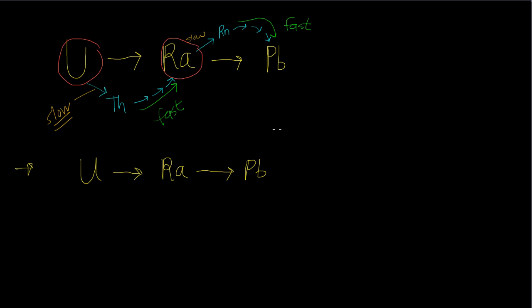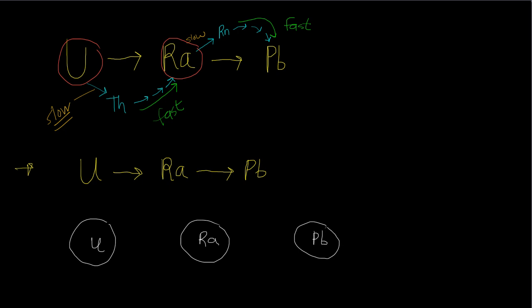What we mean by that is that if we consider the reservoirs, we have a big reservoir of uranium, then a reservoir of radioactive radium, and then a reservoir, a number of atoms, of lead. Material is flowing between them. So uranium is decaying to radium and radium is decaying to lead. And at equilibrium, the key point is that these red arrows here are equal.